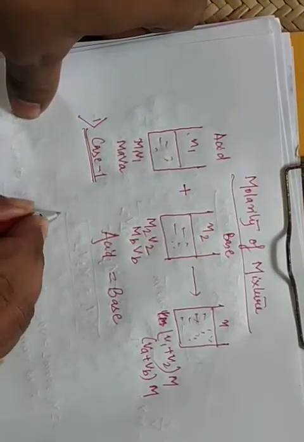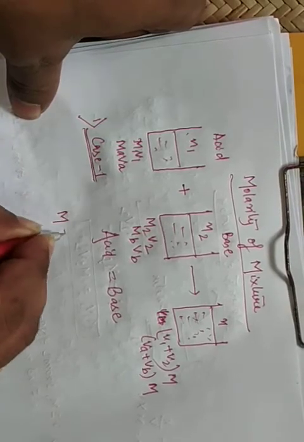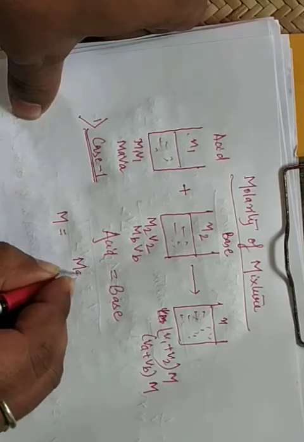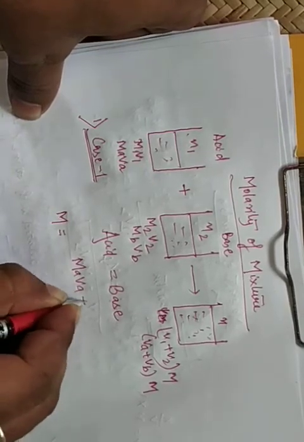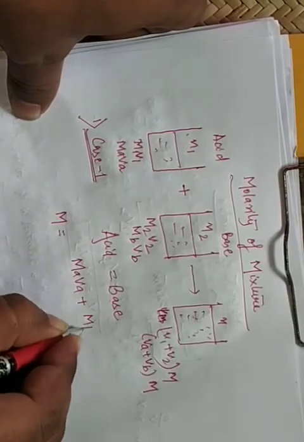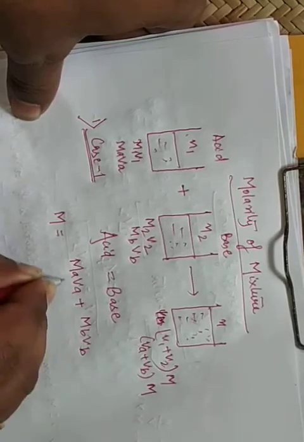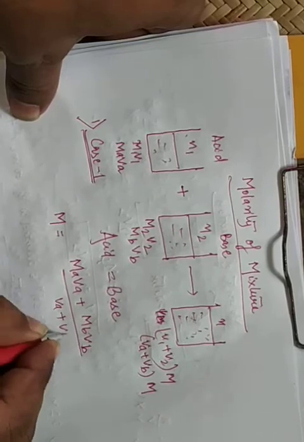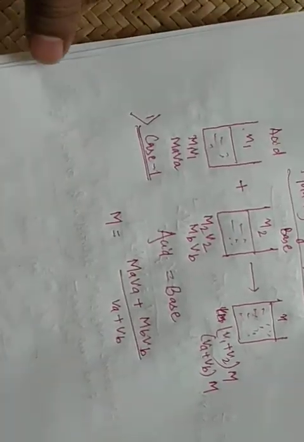Clear, students? Okay. Now suppose in case 1 the concentration of acid and base are equal, so what is the formula of new molarity? Now the molarity is equal to MaVa plus MbVb divided by Va plus Vb. Just focus, this is if the concentration of both solutions is the same.